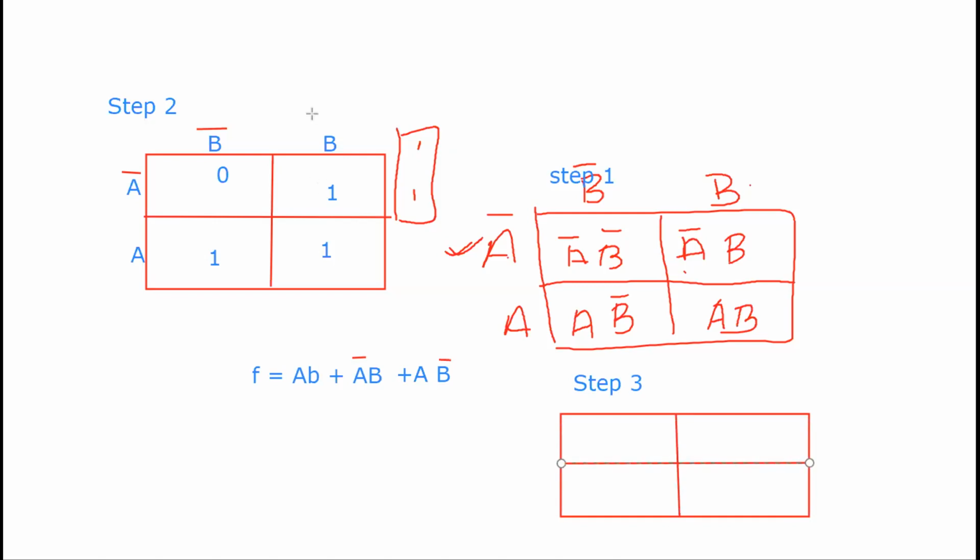Clear? Okay, now you can make a loop. 1, 1, 1. Clear? Now you will make a group.